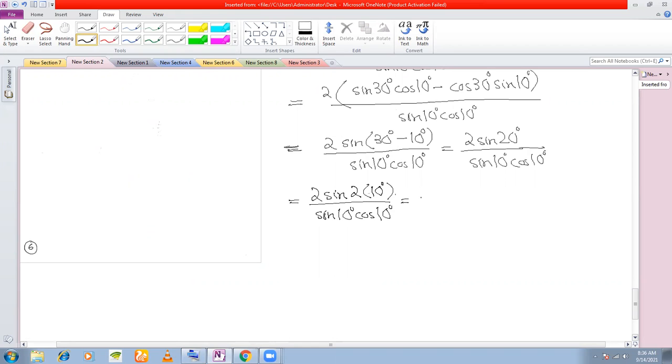And the numerator you have sine 2 theta, which can now be written as 2 sine 10 degree cos 10 degree. 2 is already here, so you in fact get product of 2 and 2, divided by sine 10 degree cos 10 degree. Okay, so what are you left with here? Sine 10 cancel, cos 10 cancel. You get 4, which is equal to your right hand side. And that is what you had to prove. Okay, so I'll stop here.